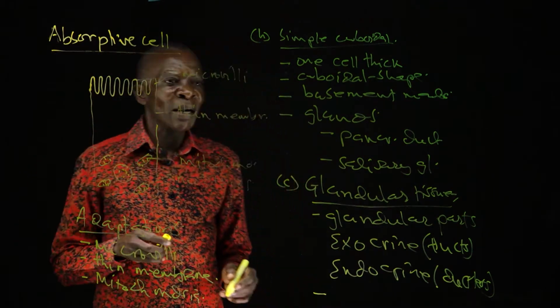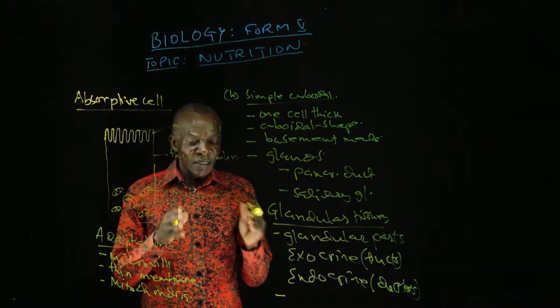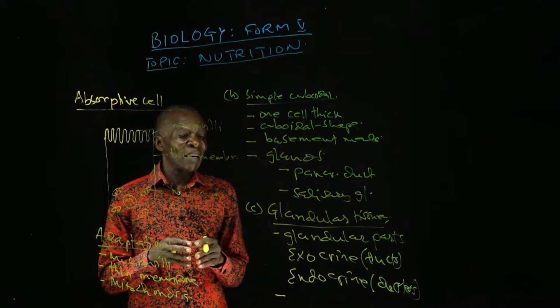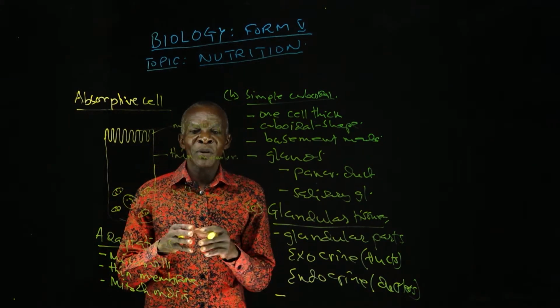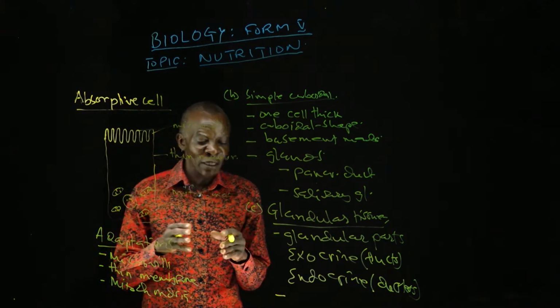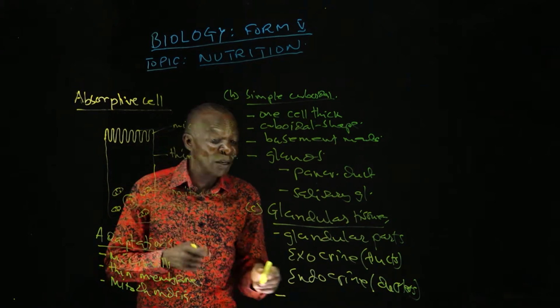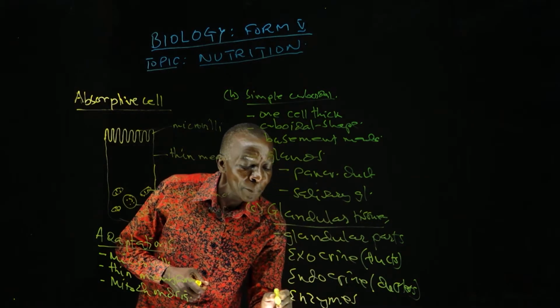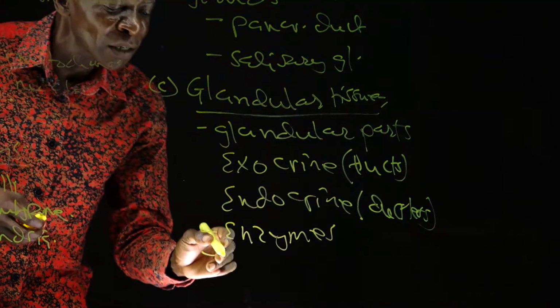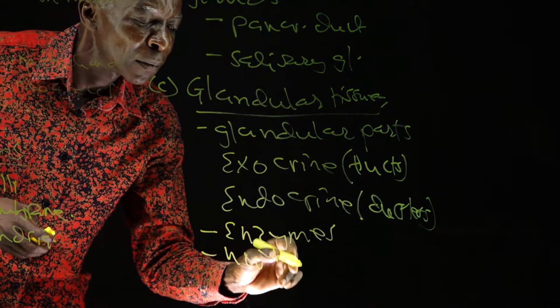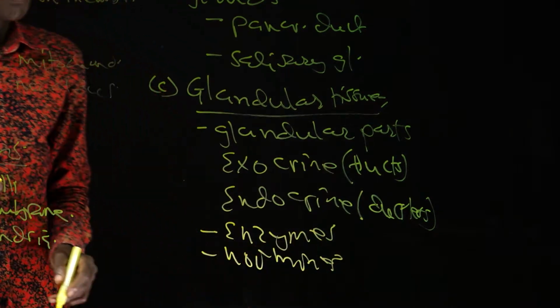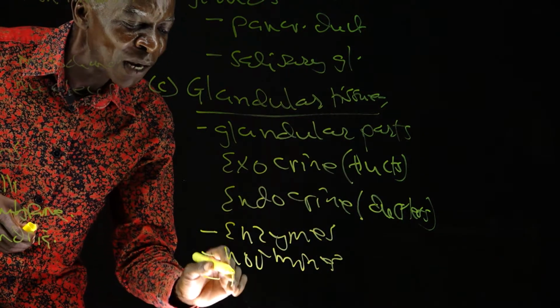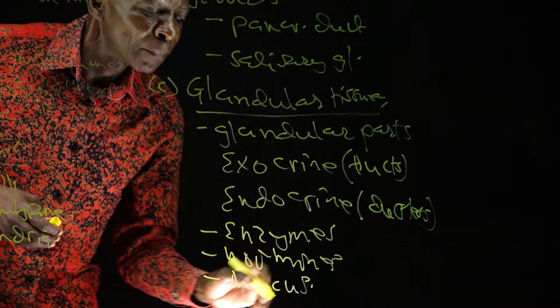In the alimentary canal, these glands secrete various valuable materials. These may include enzymes, hormones, mucus, and the like.